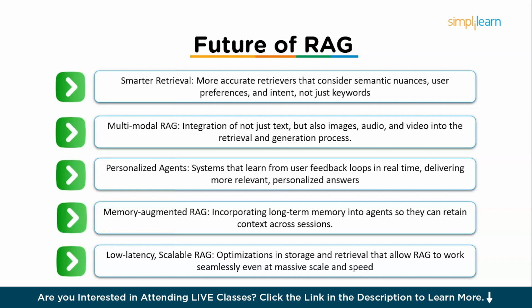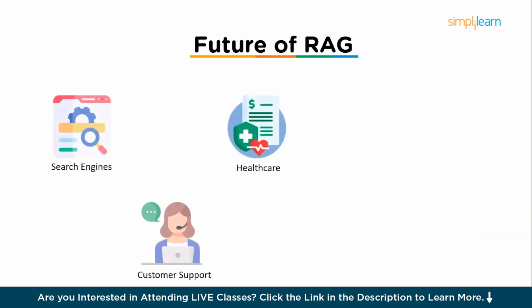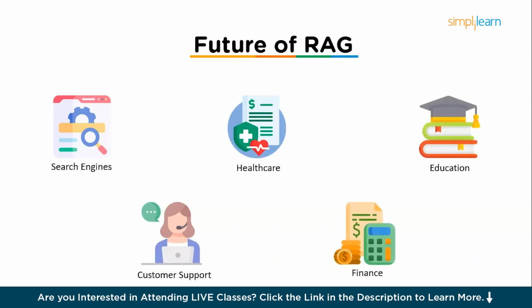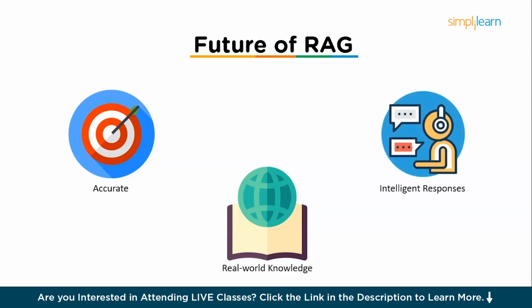So RAG is evolving fast, from powering search engines to enhancing customer support, healthcare, finance and education. So as these systems become more fine-tuned and grounded in accurate and real-world knowledge, they will bridge the gap between static data and dynamic, intelligent responses, paving the way for the next generation of AI.